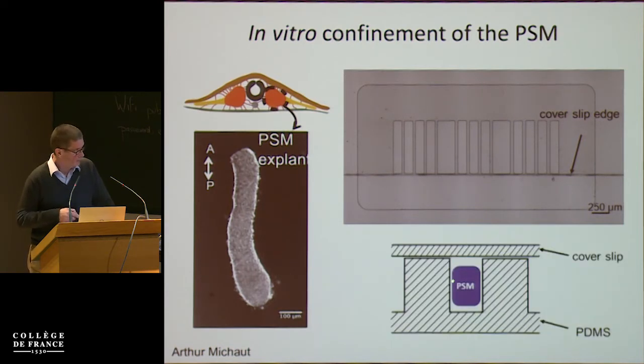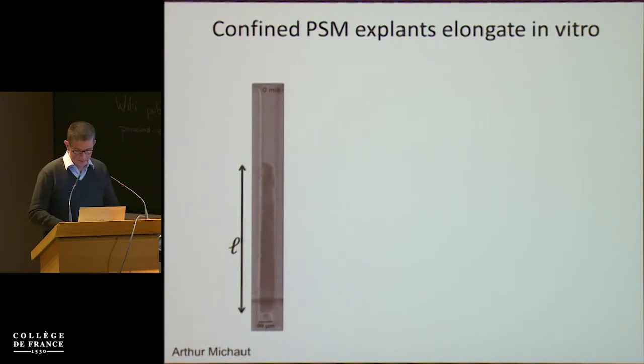So in this way, they're put in the gutter, and then they're covered by a cover slip. And then he analyzed the behavior of this isolated presomitic mesoderm in these gutters, which reproduce the confinement.